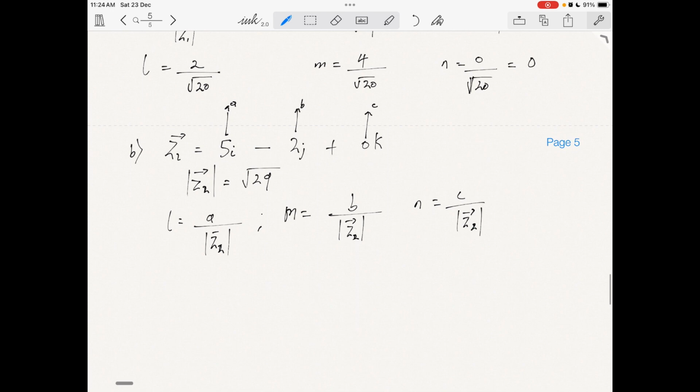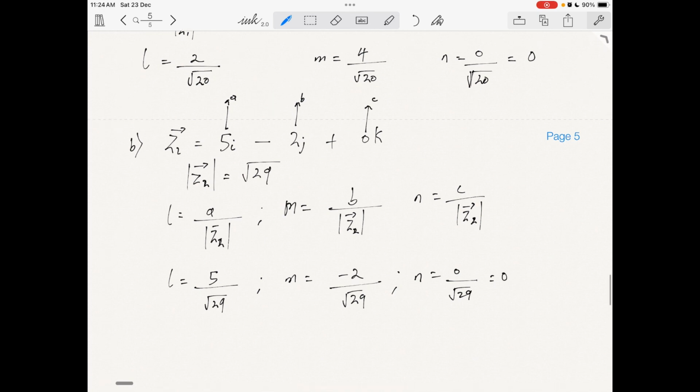Now we know that l will be equal to 5 divided by root 29, m will be equal to b, which is minus 2, divided by root 29, and n is 0 divided by root 29, which is equal to 0.